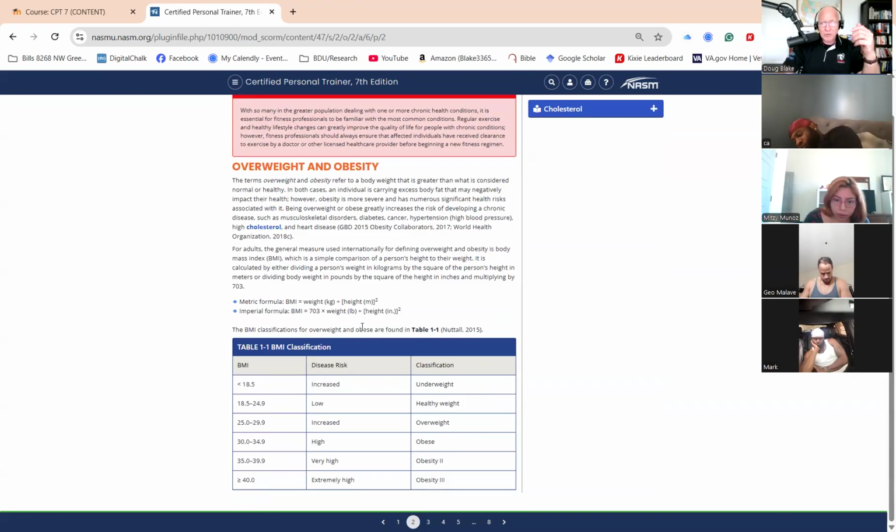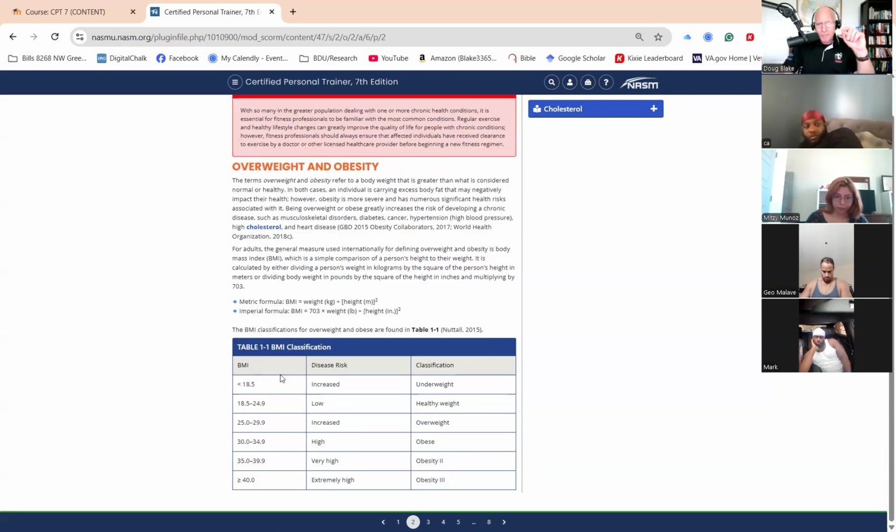Overweight and obesity. By the way, NASM will go into this more in the later chapters, particularly, I think it's chapter 17. I forgot, but it's between 16 and 19, where they go way deeper into special populations, and obesity is one of those. But it's a good idea that you read this and get some basic information before you move on to those later chapters. Here is your BMI classification table.